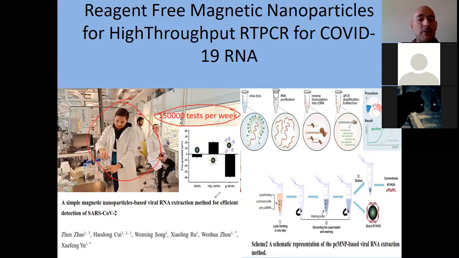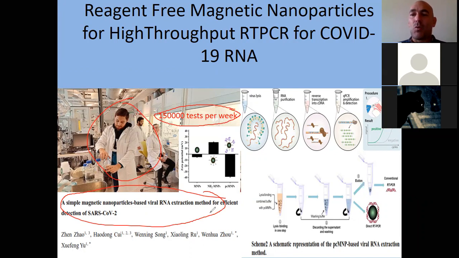Now, this group from China has published a paper using magnetic nanoparticles, and they basically explain the process, okay? Using magnetic nanoparticles to extract RNA was reported more than 10 years ago.